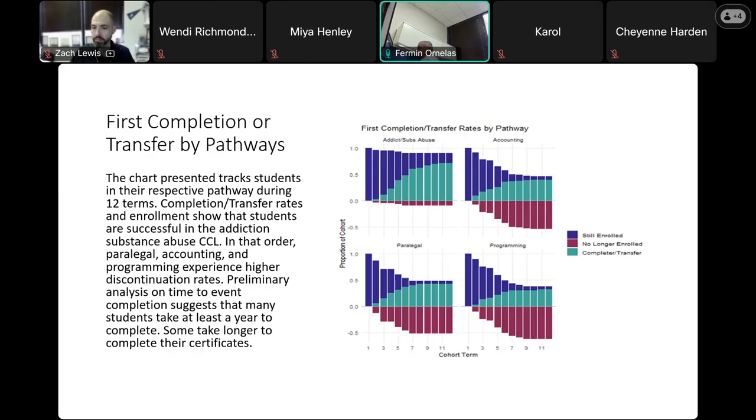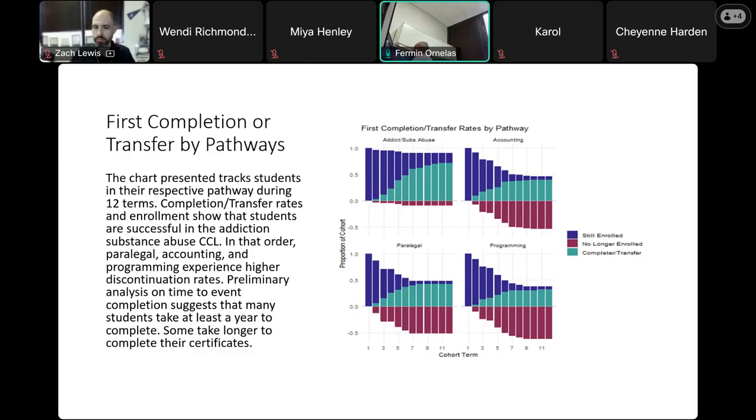The literature recommends, for example, the program 15 to Finish. It says if they take 30 credits in one term, by the fourth term they should be done. But that's a traditional student. In our case, we don't have that type of population. And this graph is showing exactly that: some of the students are persistent, but it's obvious they are going beyond the traditional time that it would take a conventional student to complete that certificate.